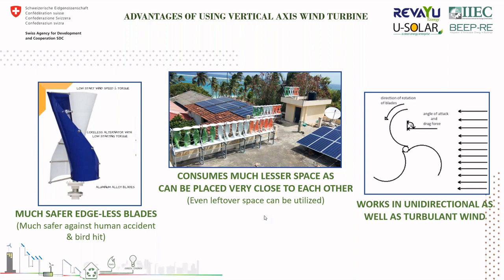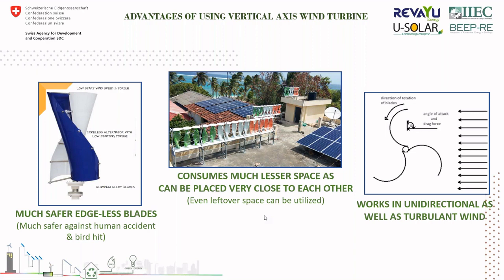We further need to increase the height, and we can't counter the disadvantage of turbulence because a horizontal axis turbine needs unidirectional wind. Whereas in this case, we can place it very near the surface, and even if there is turbulent wind, it will generate power, and it is made in such a way that it can utilize the turbulent wind.